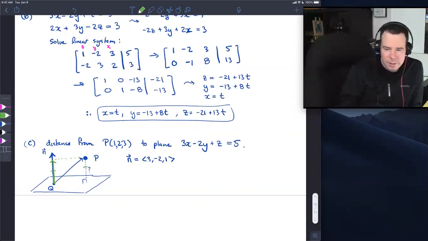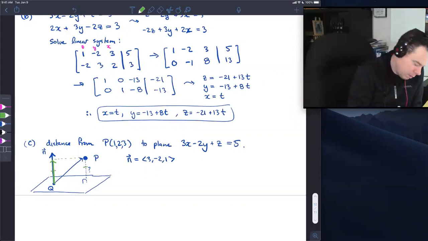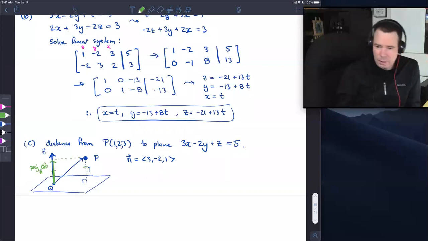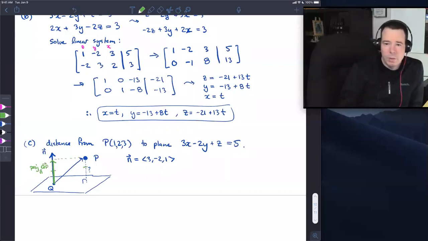So the idea is that this projection vector has magnitude, which is the distance from the point to the plane. So we need to find the projection of the vector QP onto the normal vector. That's what we want to look for. And then we take its length, and that'll give us the distance from the point to the plane.